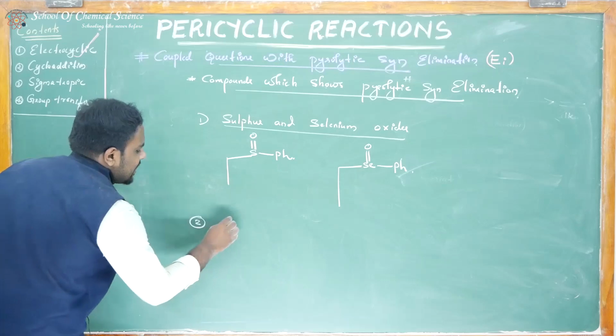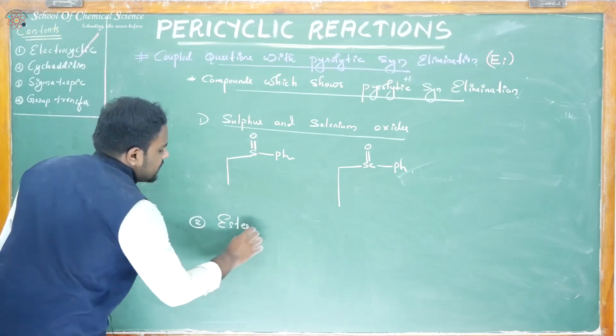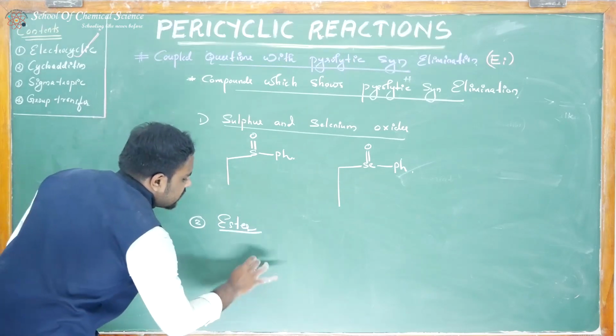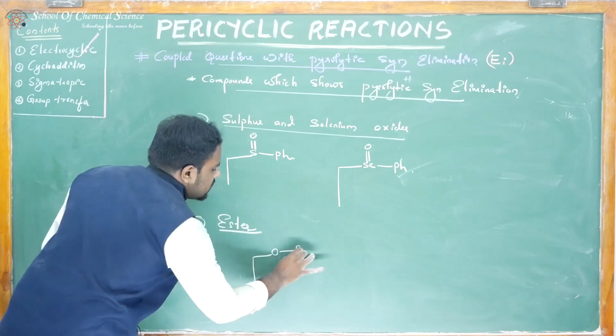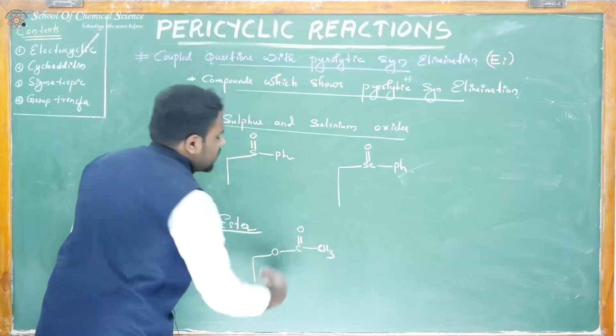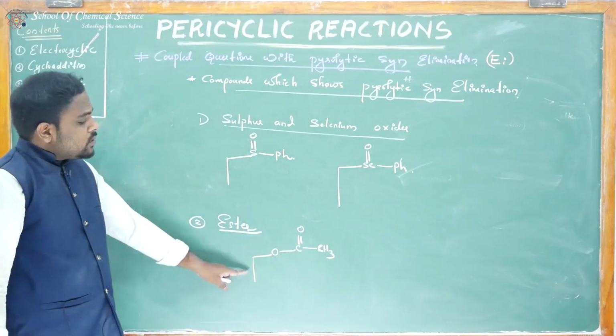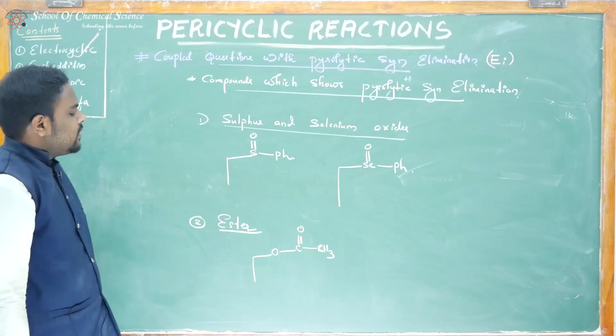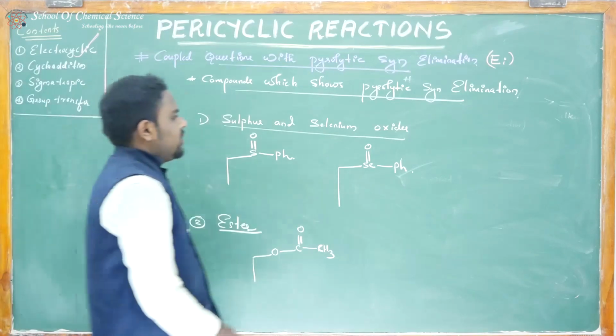Second one, ester. What is the formula of an ester? O C double bond O CH3 or R. This is the ester. This ester will also show pyrolytic syn elimination.